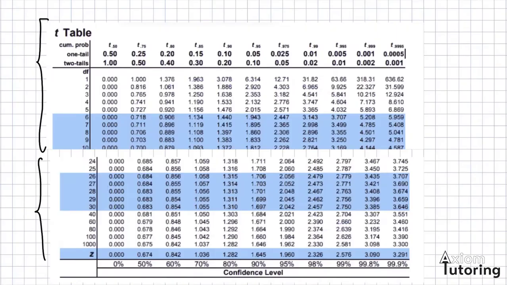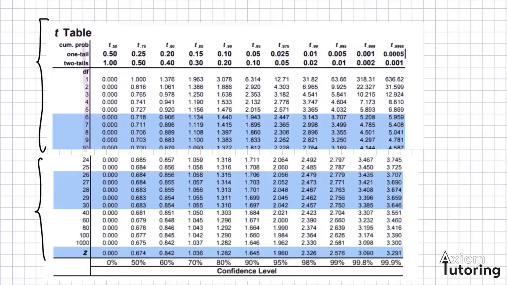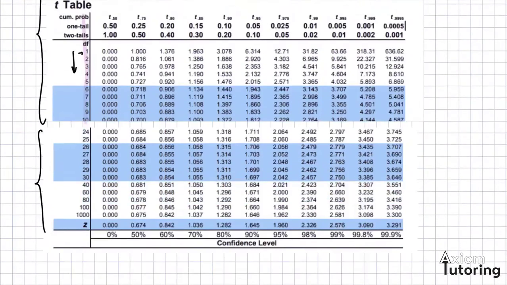On the first column in here, as you can see, you've got the degrees of freedom, and they are increasing as we go down. So degrees of freedom starting from 1, 2, 3. As that number keeps increasing, it goes here to 1,000.